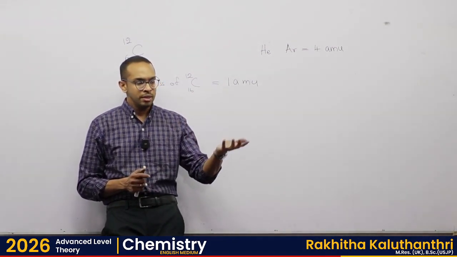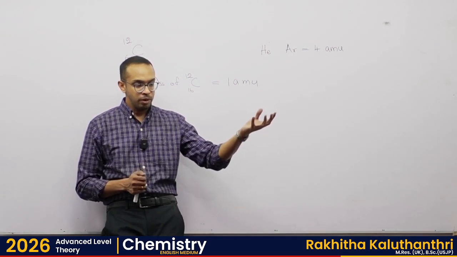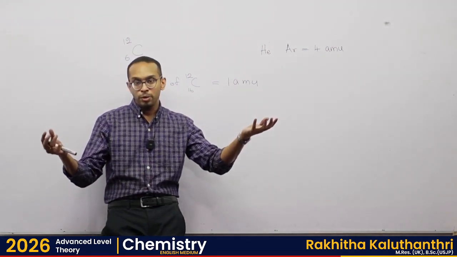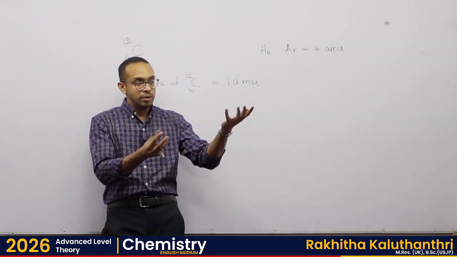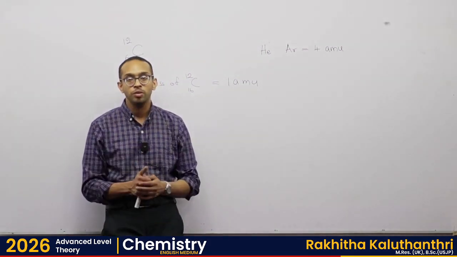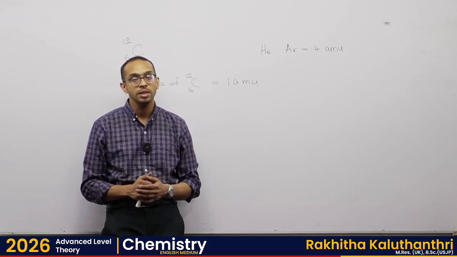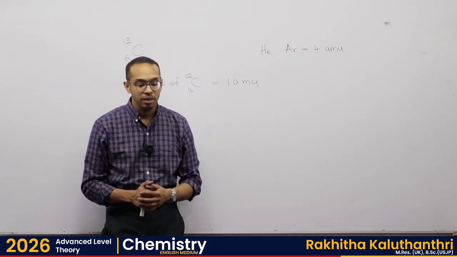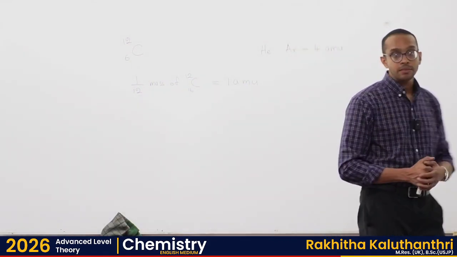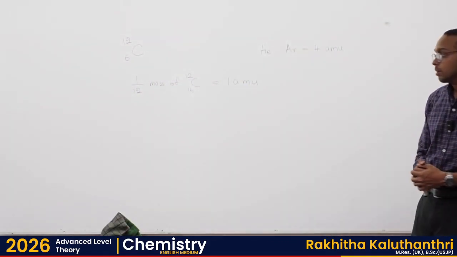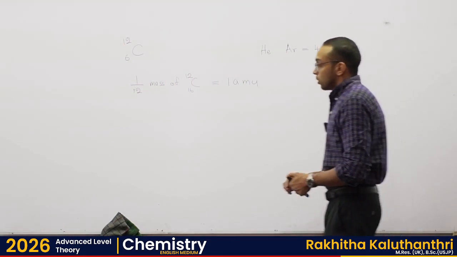So how did we get it? We took one oxygen atom, we took 1/12 the mass of carbon 12 isotope and compared their masses. Oxygen atom was 16 times heavier compared to 1/12 the mass of carbon 12 isotope. Is that clear? So therefore we communicated, okay, relative atomic mass of oxygen is 16. Is that clear? Right.